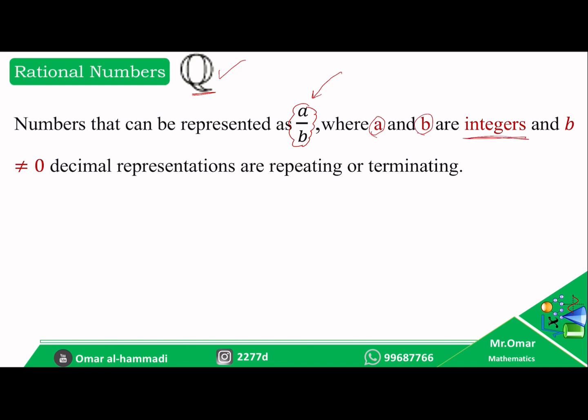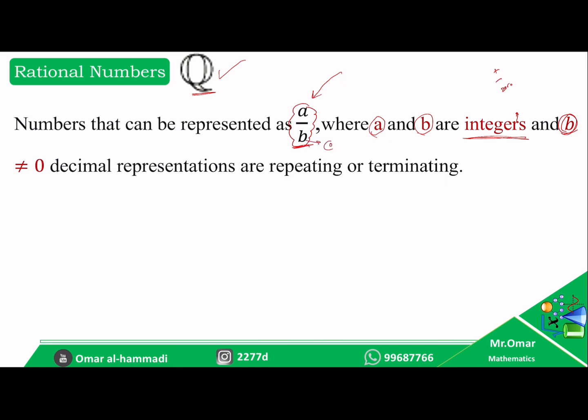They must be integers, not decimals or anything, so they could be positive, negative, and 0. But we cannot use B as a 0.